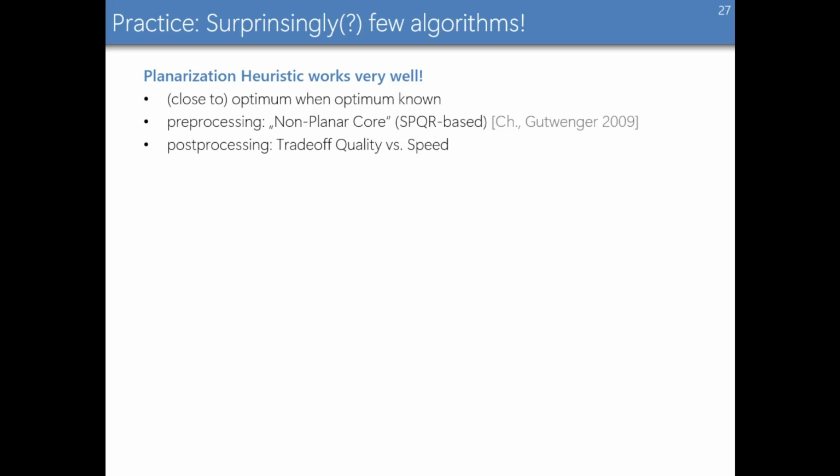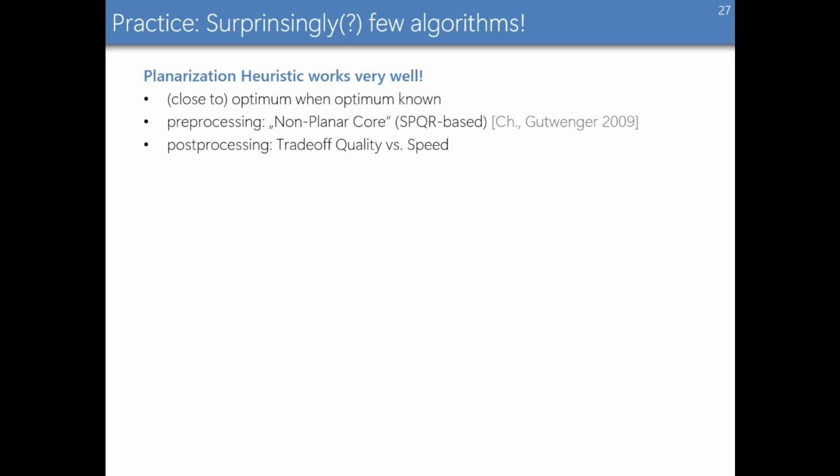That's what the non-planar chord construction does, also SPQR-based. And then you have this post-processing, which means that, as I said before, once you're done with your solution, you just, again, remove stuff from this planarization and reinsert it. And you just do that a couple of times until there's no further improvement.